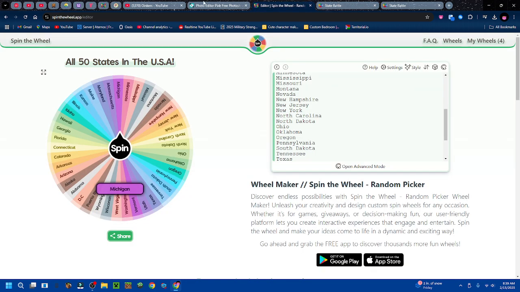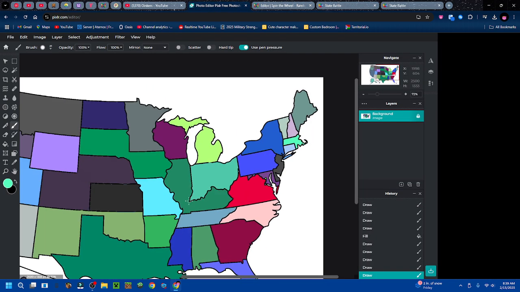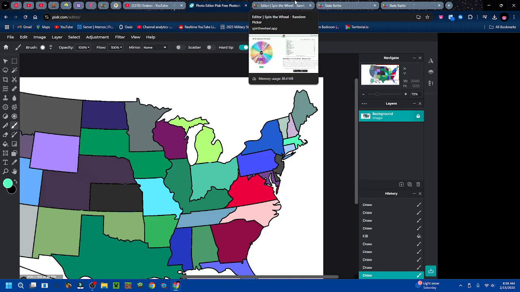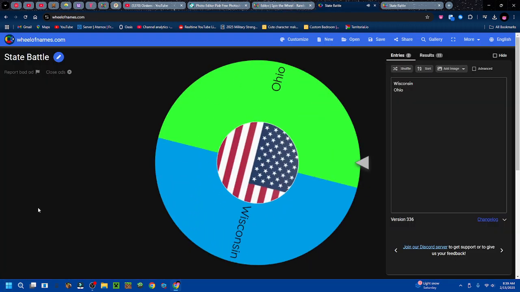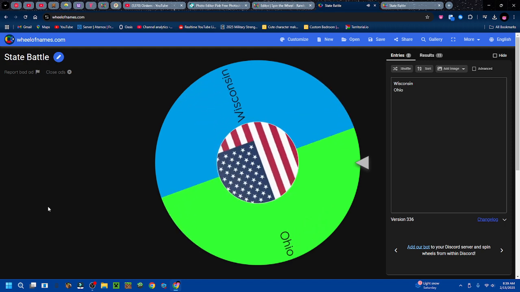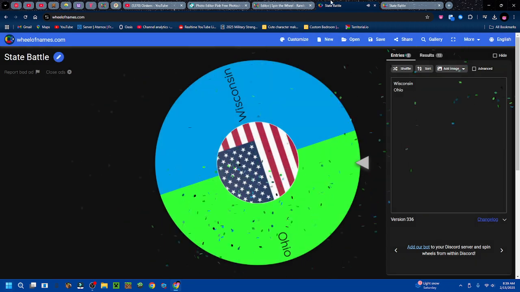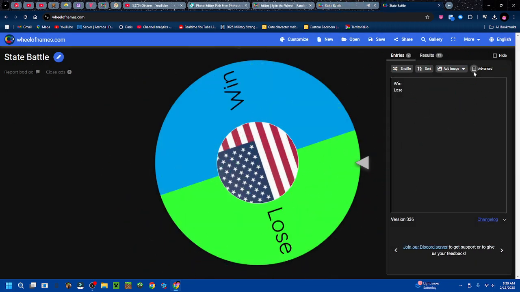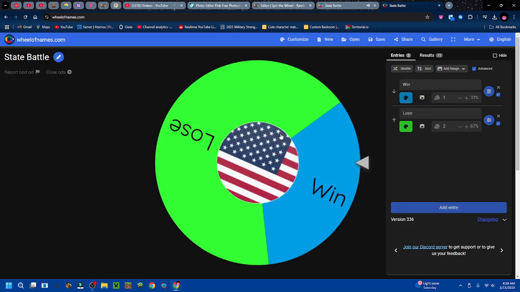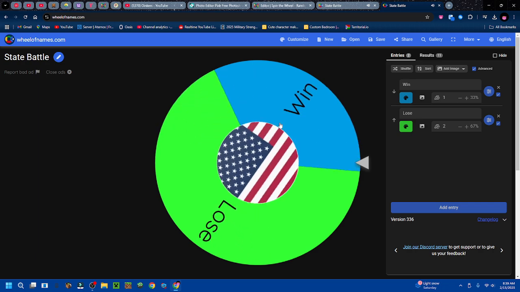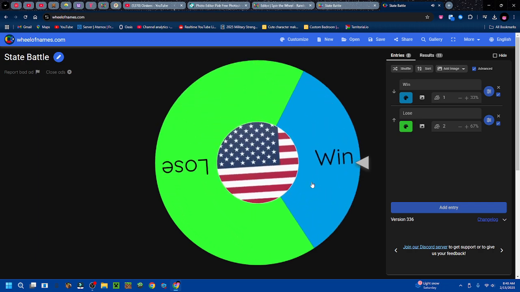Ohio. Alright. That's all. Let's see who they're going to be attacking. Ohio. Ohio has an advantage, though. Ohio, this is the first time that we have an advantage. So there's going to be 1 versus 2. But it looks like Michigan's going to win anyway.